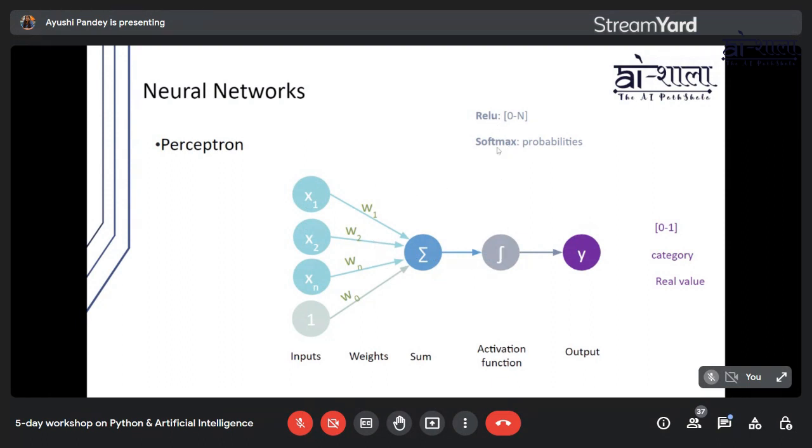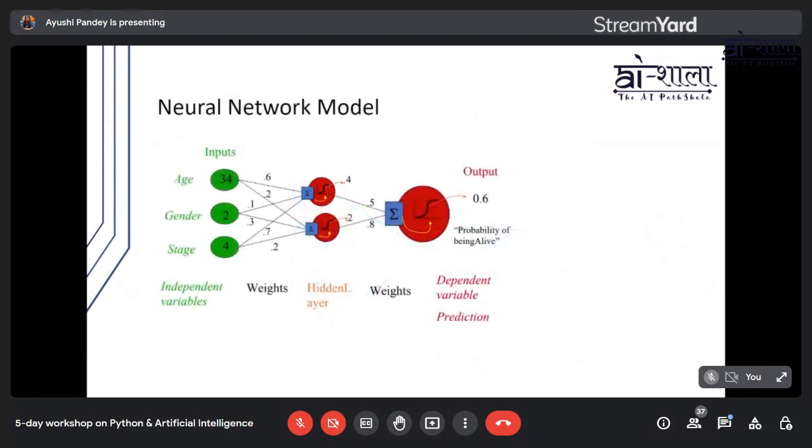ReLU and softmax are activation functions, and softmax is usually the last activation function to normalize the output. The output is always a real value between 0 and 1, or it can be between -1 and 1. Okay, so this is one example of a neural network.